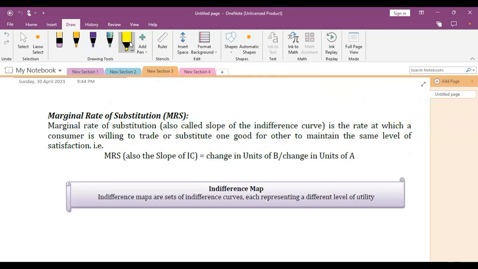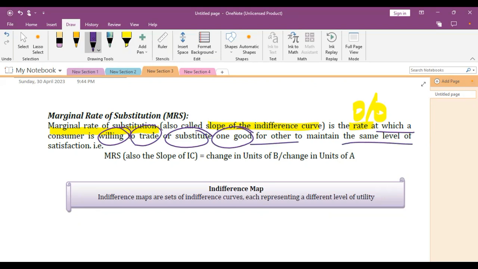Marginal rate of substitution, also called the slope of the indifference curve, is the rate at which the consumer is willing to trade or substitute units of one good for the other to maintain the same level of satisfaction.